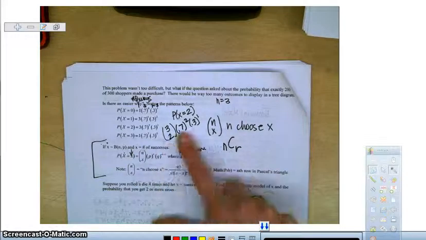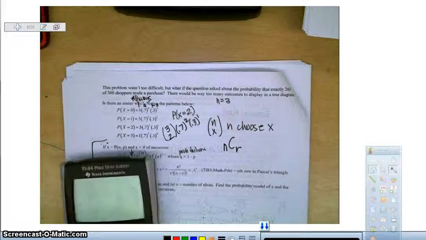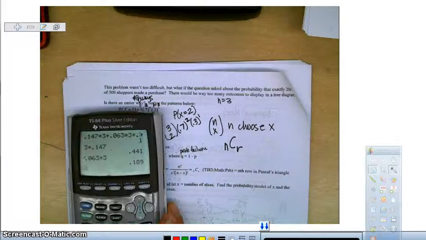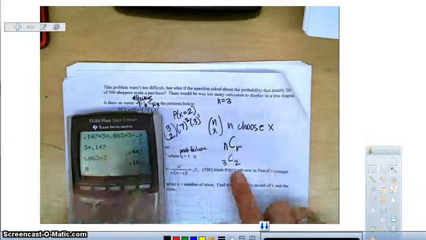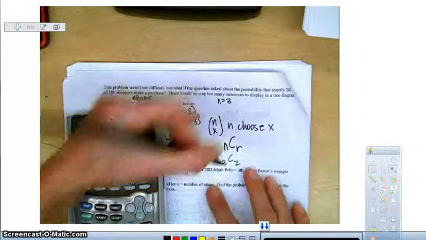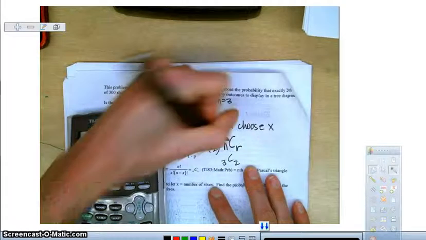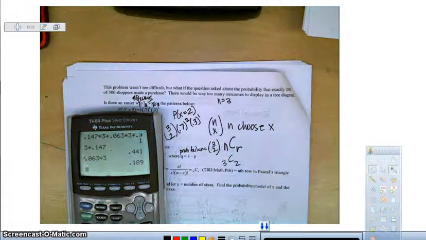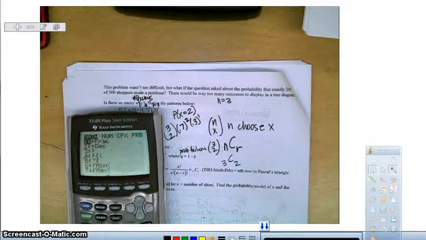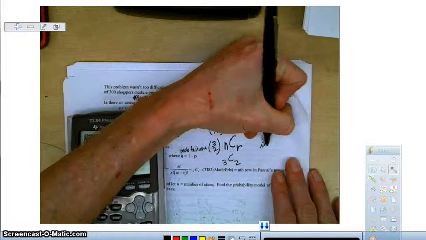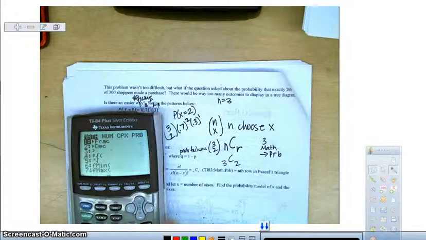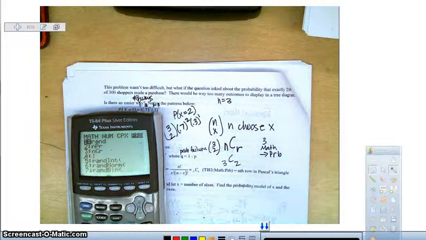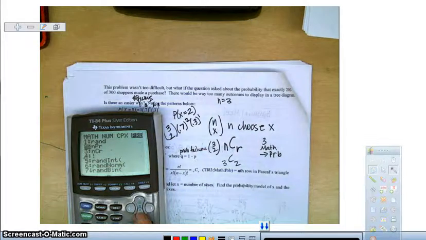So if I just do this calculation on my calculator, the way you do 3 choose 2 on your calculator: I'm going to hit the number 3, and then go to math, over to PRB, and then notice number 3, nCr.